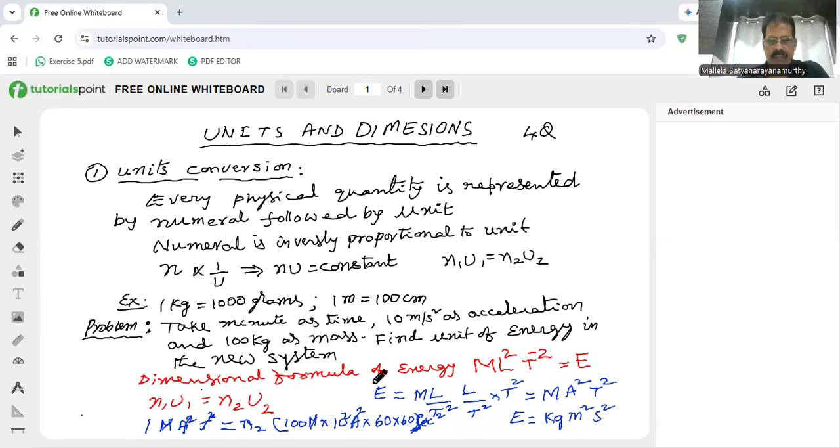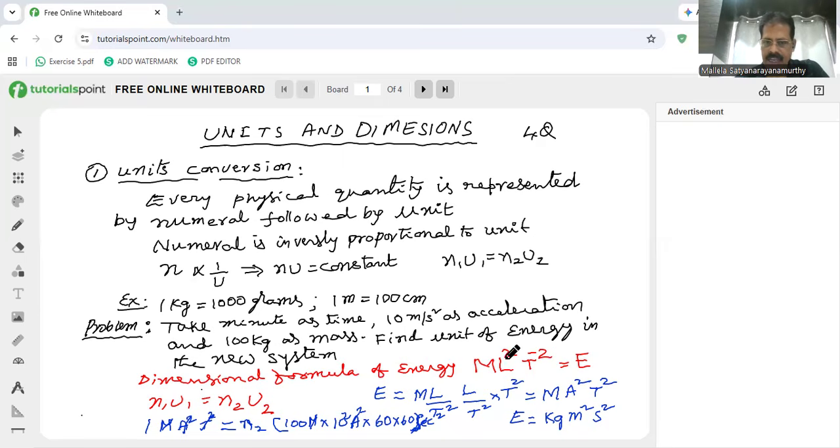You know the dimensional formula of energy is ML^2T^-2, that means kg meter square second to the power minus 2. To convert into the new system using n1 u1 is equal to n2 u2, what physical quantities are given here? Minute, acceleration and mass. You have to convert the energy in terms of the given physical quantities, which is most important. Mass we can't do anything.